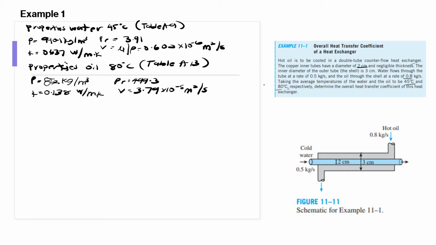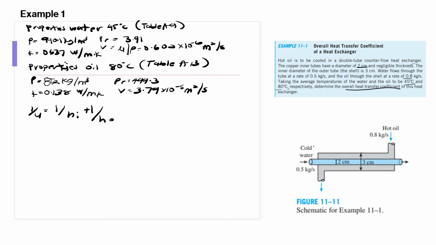This question needs you to determine the overall heat transfer coefficient. Basically we can use the formula 1/U equal to 1/Hi plus 1/H0. This is a double pipe heat exchanger, so we need to determine the hydraulic diameter for a circular tube.